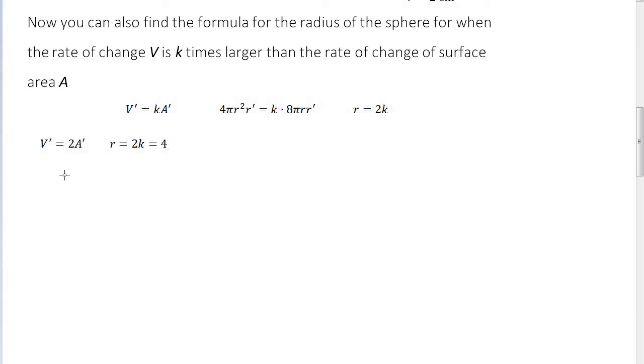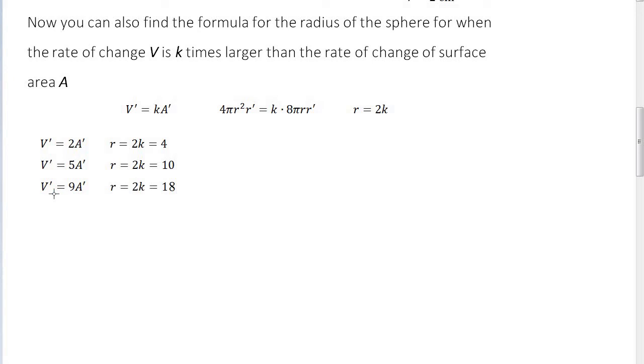Well, suppose we are curious then at what point volume grows 5 times faster than the rate of change of the surface area. Well, that's at the point where the radius is going to equal 10. Suppose we want to know at what point volume grows 9 times as fast as the surface area. Well, okay, that's the equation we'll need to solve, and it's going to promptly yield the fact that r is going to have to be 18 units, right?